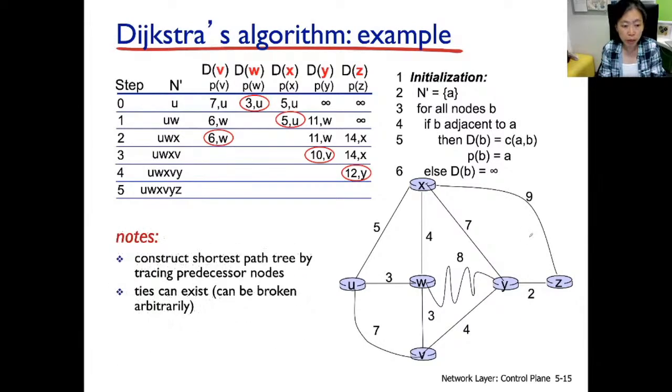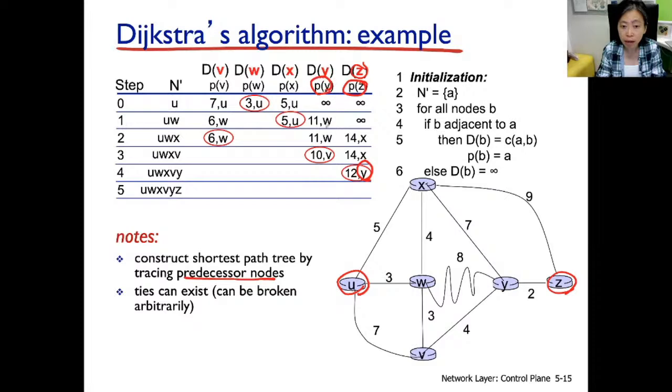Just a couple more notes. To construct the shortest path to a particular destination from the source, say from u to z, what it needs to do is just to track the predecessor node and trace it all the way back to the source. So z is the destination. That's traced back from the predecessor of z, which is indicated here being y. And who's the predecessor of y?